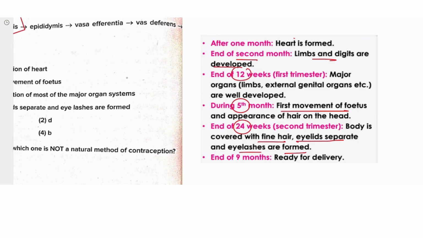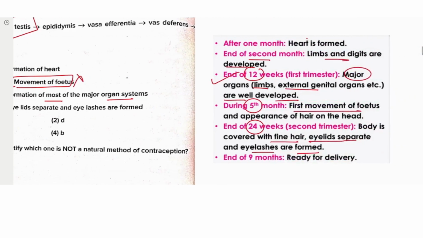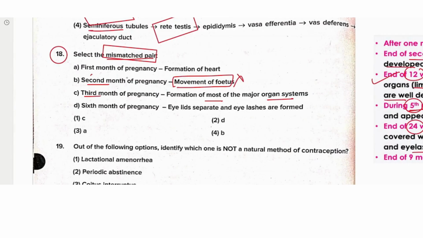In the 12th week, limbs and external genital organs are completely developed. Now the third month is the formation of major organs. For the second month of pregnancy, the first movement is not correct; it was the fifth month in which the first movement occurred, not the second. So B is incorrect, so the answer is the fourth one.